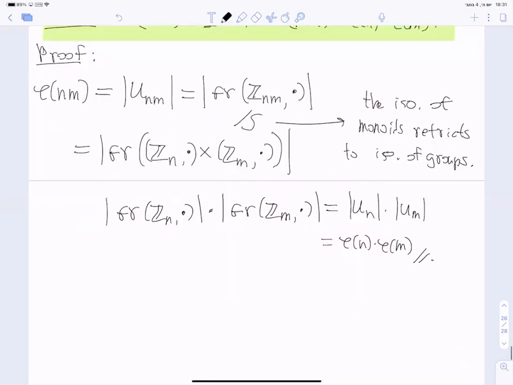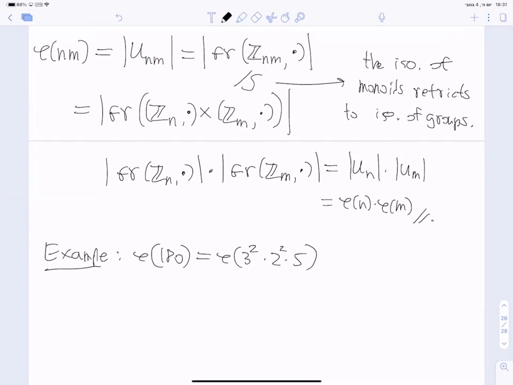So just one example. For example, phi of, I don't know, 18, I mean 9 times 2. And we can think about 5 and 2, this is true? Now you say this.